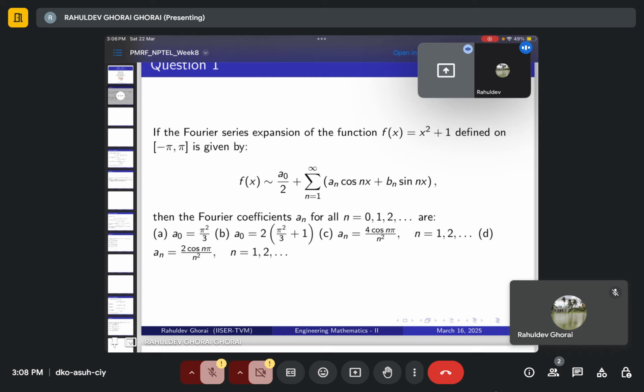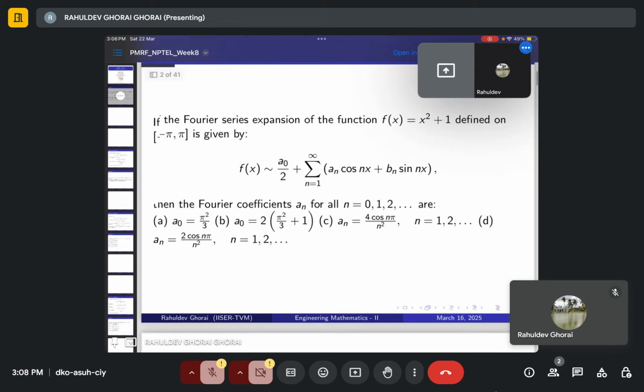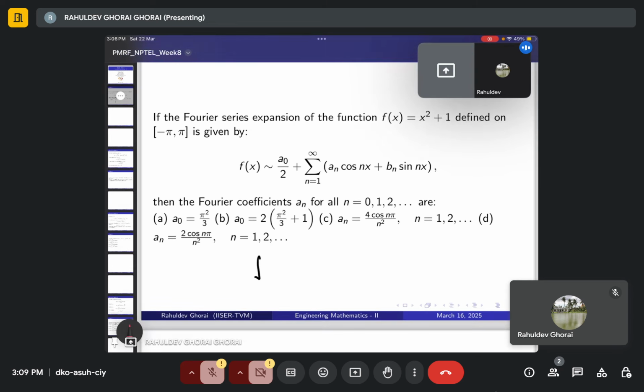So how do you do that? How to solve this? I showed it in the last class also, right? What we mainly have to use is the integration of cos nx cos mx over minus pi to pi, right?